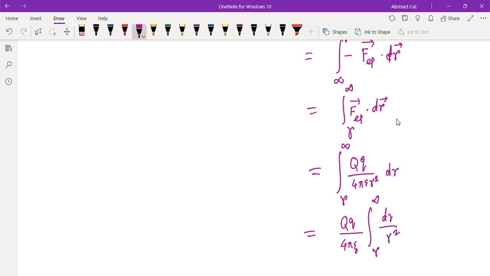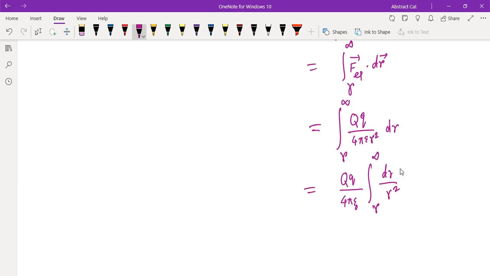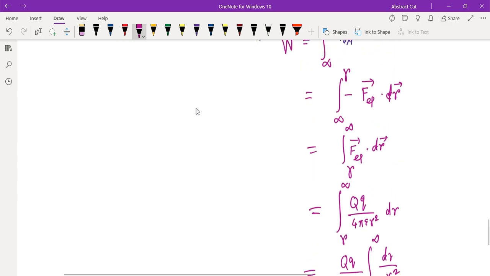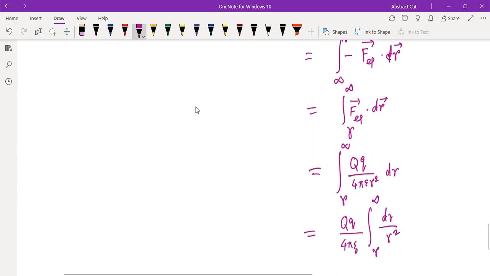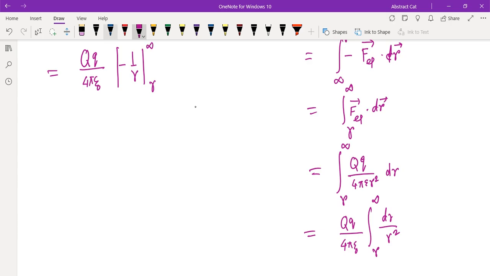The integration of dr by r square gives minus 1 over r, with the limits r to infinity, okay, and that is multiplied by capital Q small q over 4 pi epsilon naught.